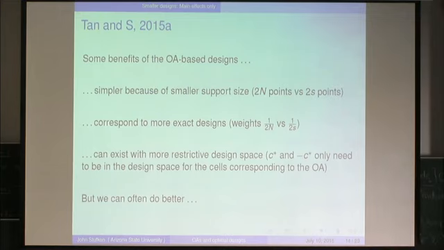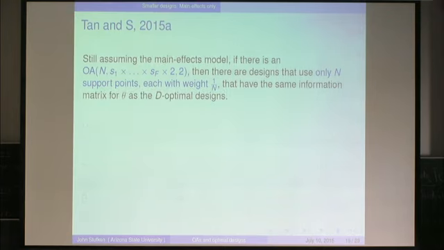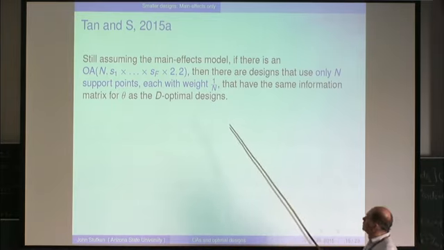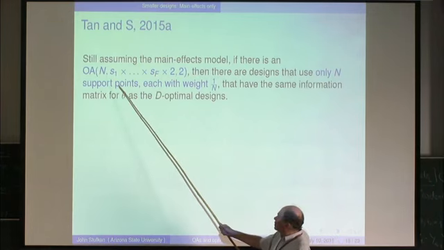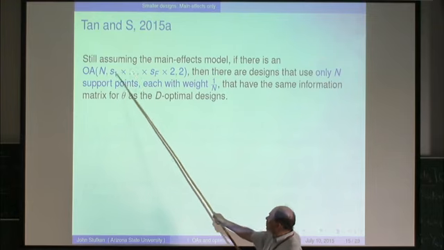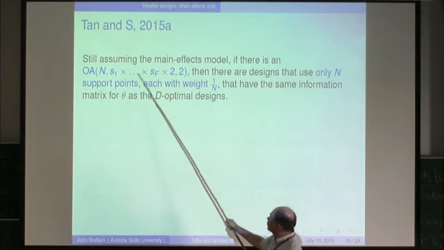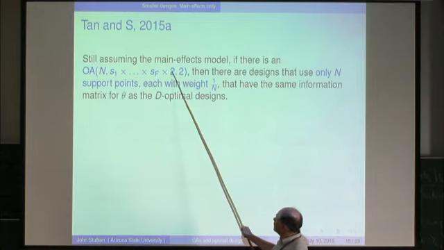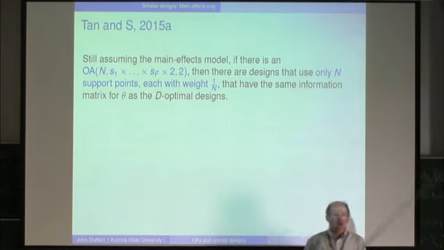So that's nice, but it turns out that you actually can do better than that. You can still find smaller designs than the ones that I just described to you obtained from the orthogonal arrays. So still assuming the main effects model, if there is an orthogonal array of n rows, with the same f columns, with the number of symbols in each column equal to the number of levels for that particular factor, but I added another column to this orthogonal array, a column with 2 levels.